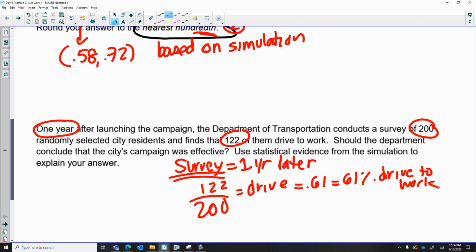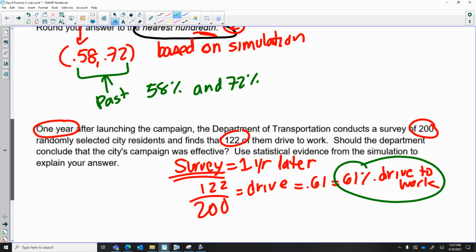Okay, so now let's go back to our old interval. Based on the past, we were 95% confident that the proportion of people who drive to work is between 58% and 72%. Well, they did it a year later and they found 61% drive to work. So is that much different than what it was in the past?